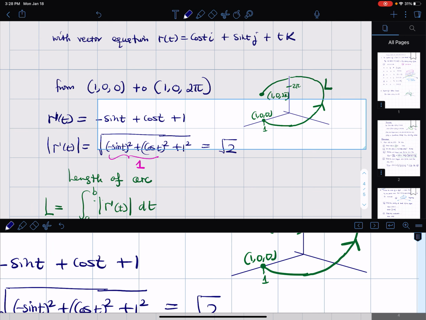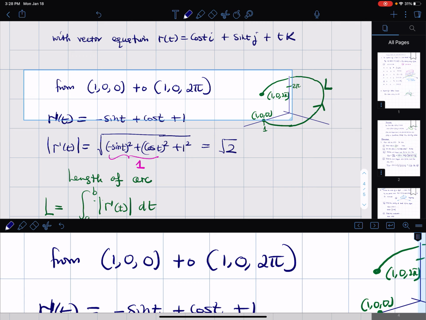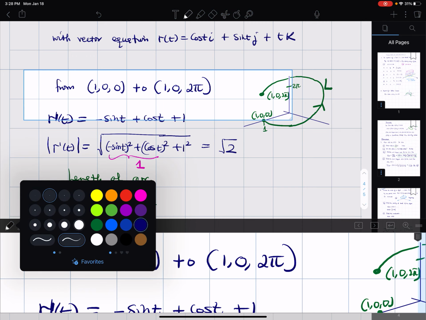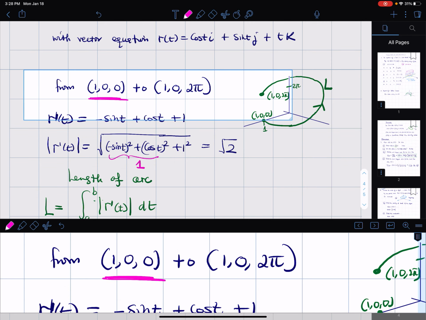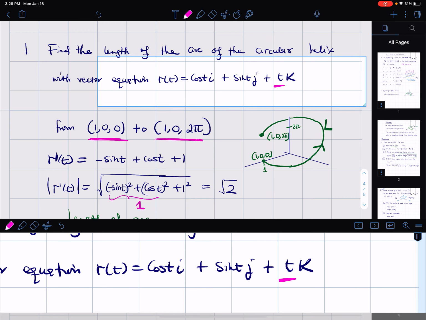So t starts from t equal to 0 to t equals something, or it could be t equals negative 5 to t equals 100. We don't know. But if you look at where we started, from (1, 0, 0) to (1, 0, 2 pi), and one of the components of the equation is just t.